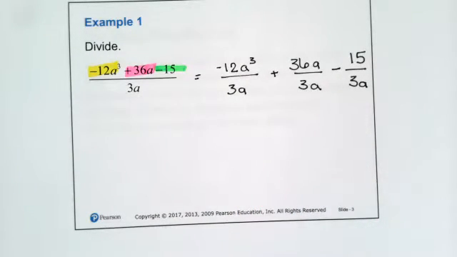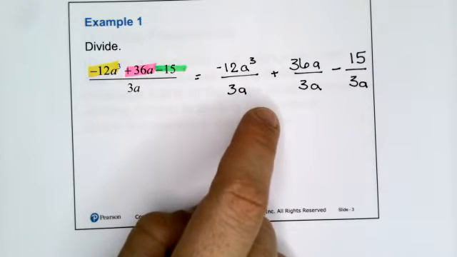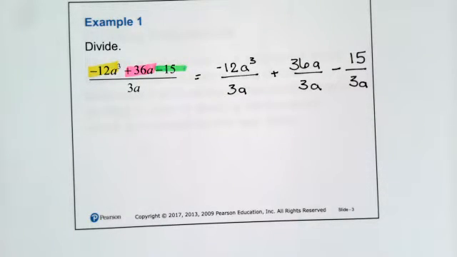Can I simplify these individual fractions? Can anything on the top be canceled out by a 3 or by an a or by both the 3 and the a? Okay. We have a negative 12a cubed over 3a.